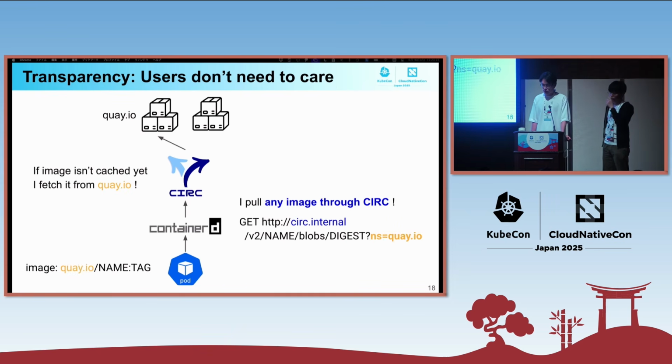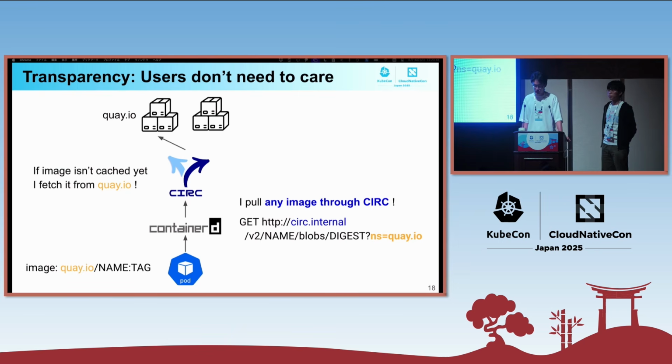Containerd offers a solution. Its registry configuration feature tells CIRC what is the original registry via the NS query parameter. Containerd sends an HTTP request to CIRC with NS equal quay.io because the pod is requesting an image from quay.io in this case.